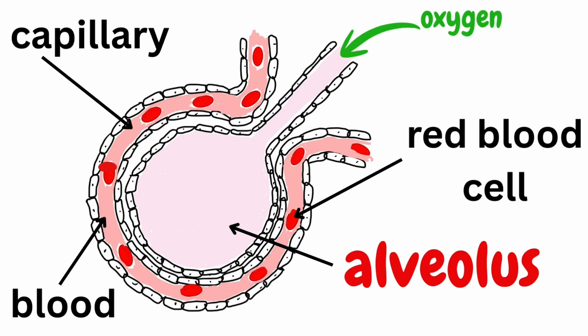Remember, oxygen gas enters the air sac or alveolus through the bronchiole. So if you watch the oxygen molecules, you'll see them travel down into the alveolus and then diffuse into the blood where they bind to red blood cells. The red blood cells then carry the oxygen molecules off around the body where they're needed.